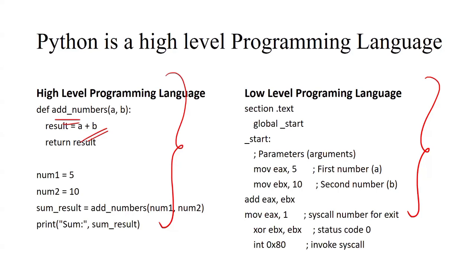Okay, now try to understand this. Imagine this is you, and imagine this is the computer. Whatever code you write, you have to make sure that the computer understands. Computer usually understands low level programming language, that is nothing but this one.